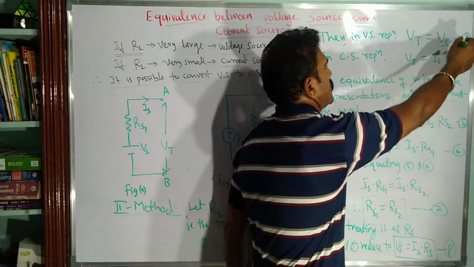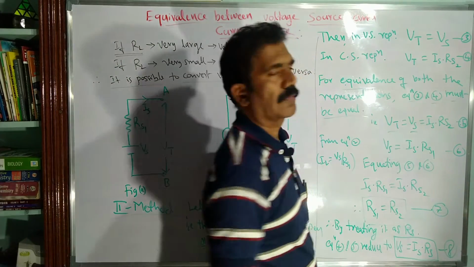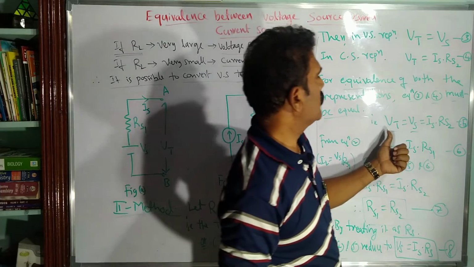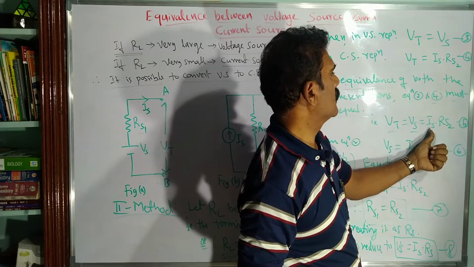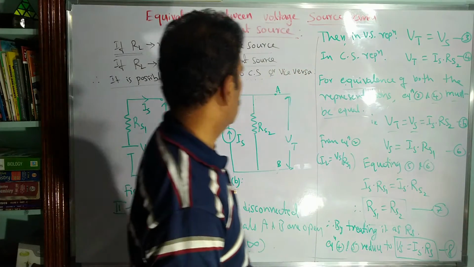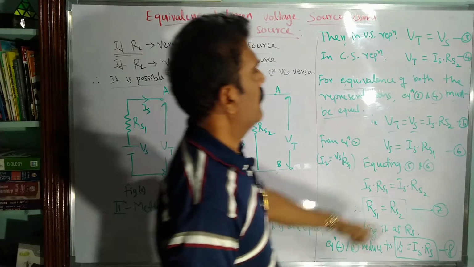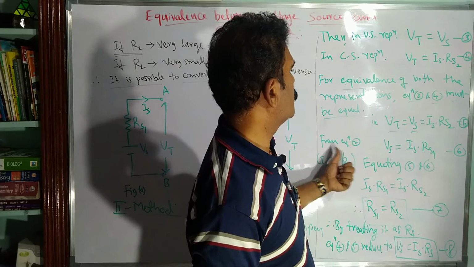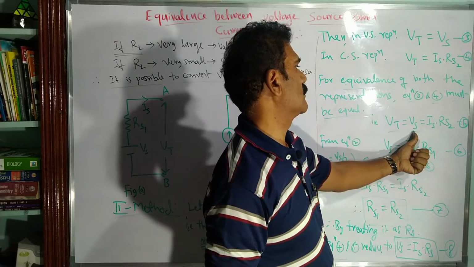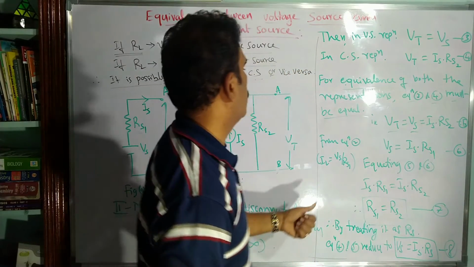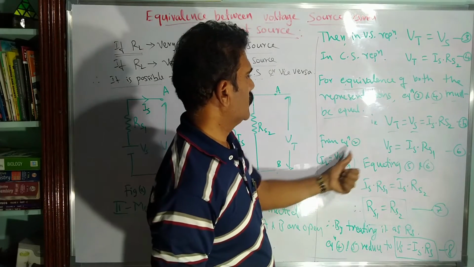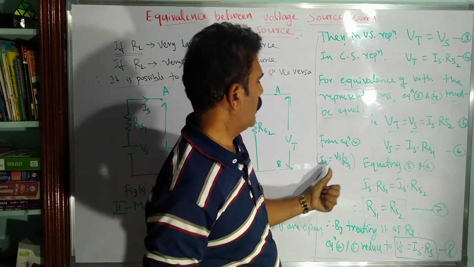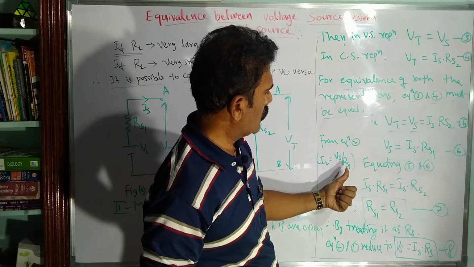So consider equations 3 and 4 equivalent to each other: Vt is equal to Vs, that is equal to Is into Rs2. Now from this equation 5, we have to substitute this Vs, the source voltage obtained already from equation 2. In the previous equation 2, we have IL equal to Vs divided by Rs1.